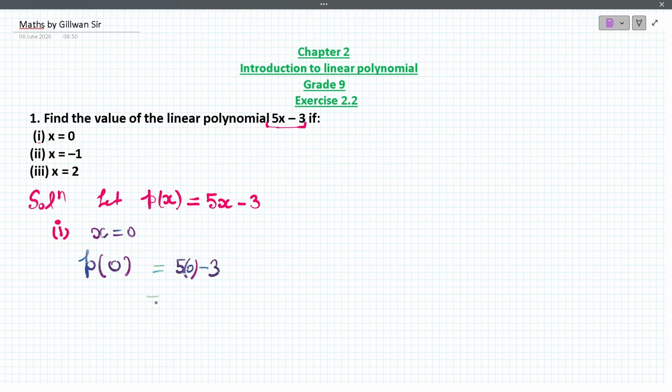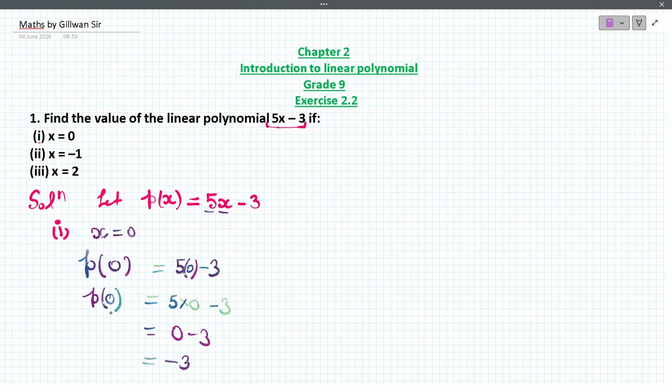Now here it means 5 into x, and we have substituted 0 in the place of x. That means 5 multiply 0 minus 3. 5 multiply 0 is 0, minus 3, and 0 minus 3 equals minus 3.